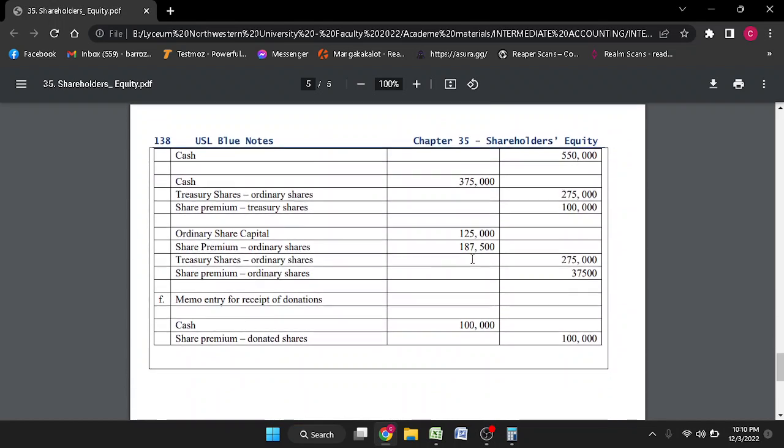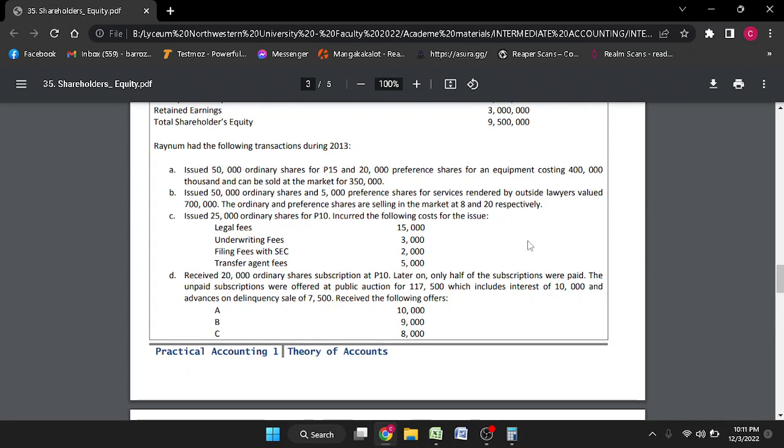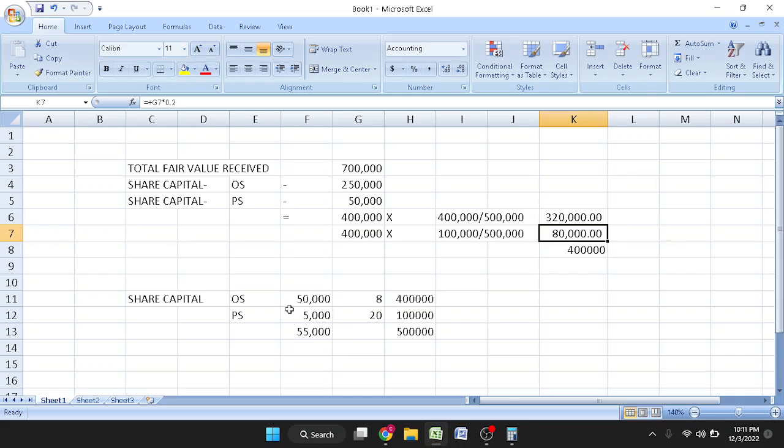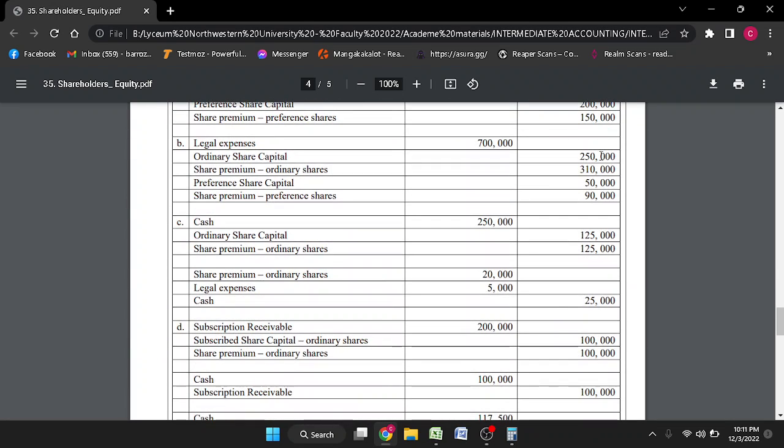So there's no other amount that could explain their allocation for that computation. So I think there's a mathematical correction here. It should have been 250 here, 320, 50, and 80 here.